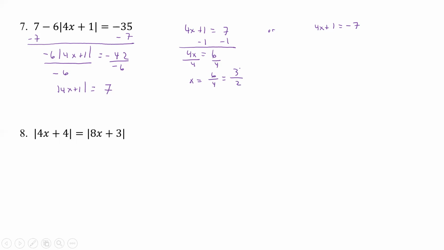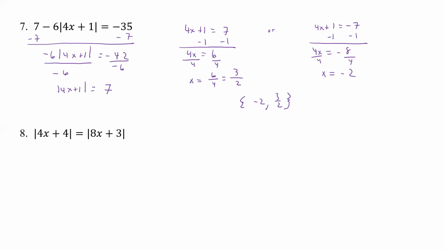So 3/2 is actually the fraction we want to use in this case because that's the reduced form. What about this one? Well, if we subtract 1, we get 4x equals minus 8. Divide by 4. x equals, now it's a minus and it's a 2. So our solution set is minus 2, 3/2. Okay.